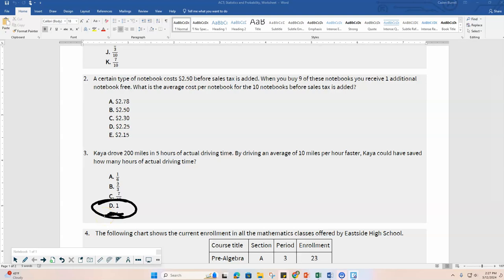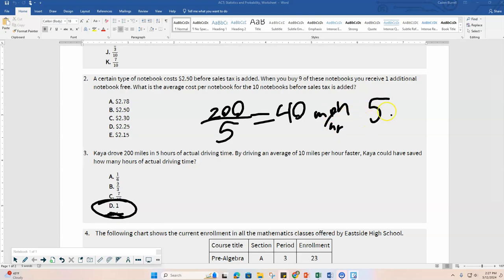So I'll show you how I went about solving this. Curious if anybody solved it any differently. If Kaya drives 200 miles in 5 hours, the speed that she's driving, 200 divided by 5, would be 40 miles per hour. By driving 10 miles per hour faster, that means she's actually going 50 miles per hour.